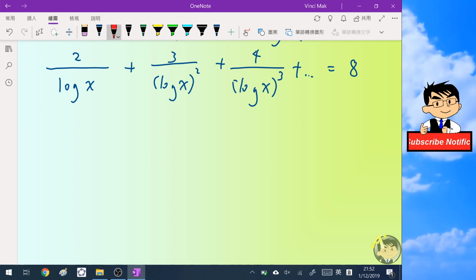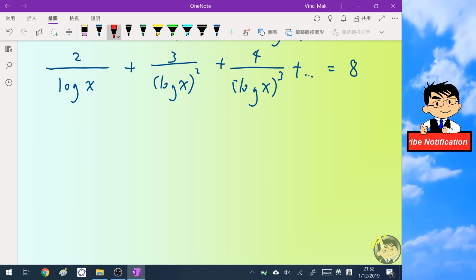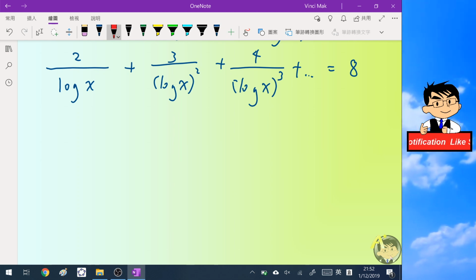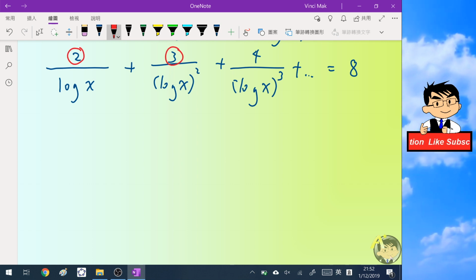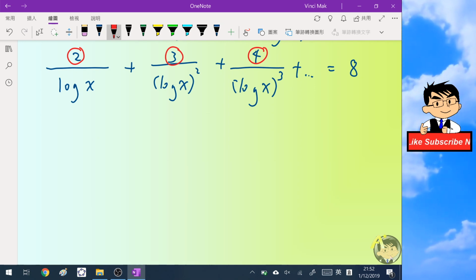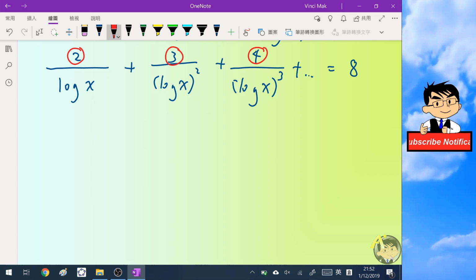Notice that this series is neither an arithmetic series nor a geometric series. We notice that the constant term is increasing, right? It will be very nice if we can make the numerators on the left hand side become the same.